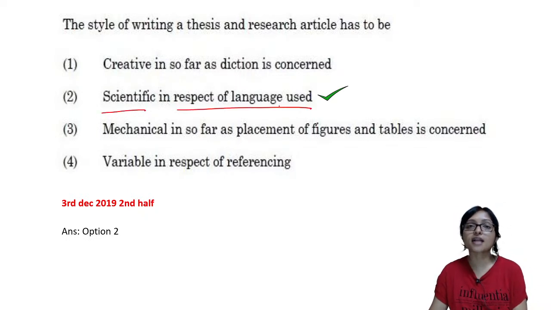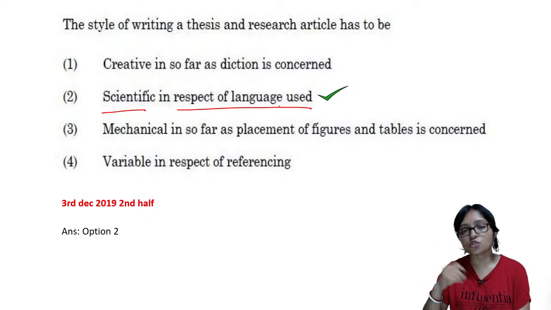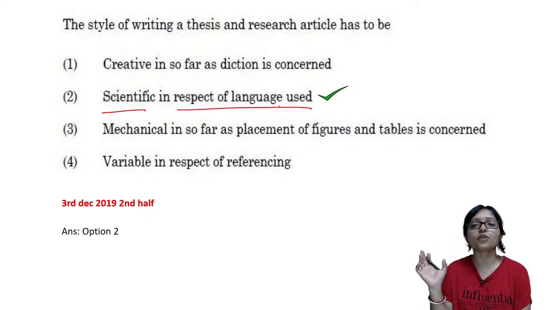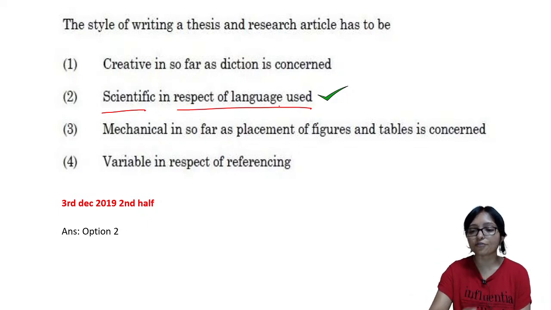Always, research is always scientific, remember that. If it is historical research, if it is sociological research, whatever you are doing, if it is linguistic also, then also it is scientific. The process of research has to be always scientific.